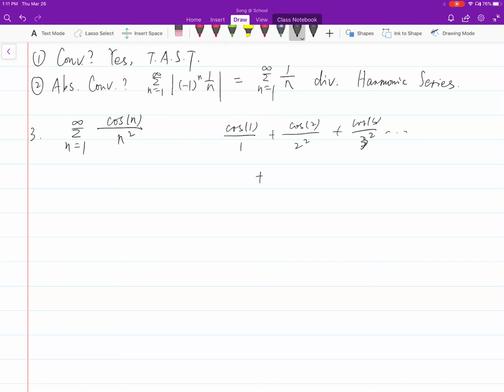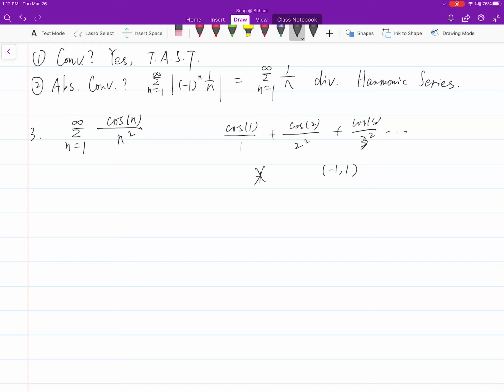Question 1. Is this one always positive? I doubt it, because cosine is between negative 1 and 1. Just by random luck, you will hit some negative terms. So not positive. Number 2. Is this one alternating?